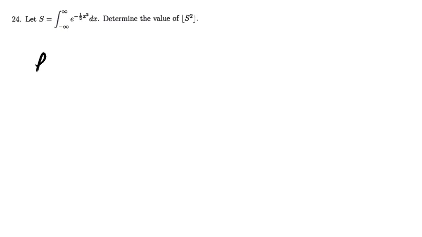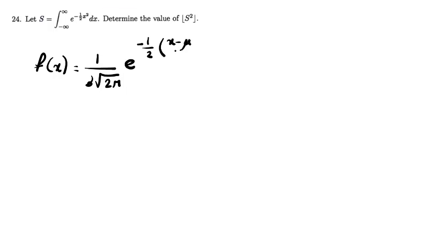It is f of x equals 1 over sigma square root of 2 pi, e to the power of negative 1/2 times (x minus mu over sigma) squared. So you should memorize this.